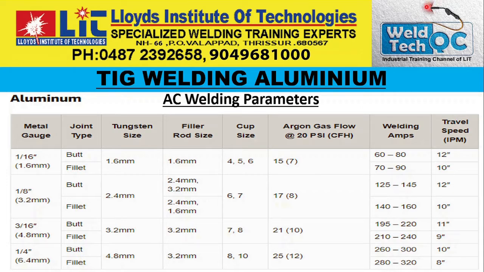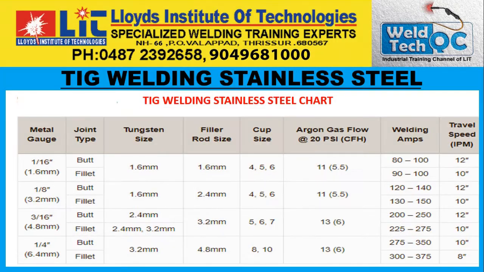These are the parameters you can follow: the thickness of the metal, the joint type, the tungsten size to be used, the filler rod size, the cup size, that is the nozzle size, argon gas flow, and the current range and travel speed.